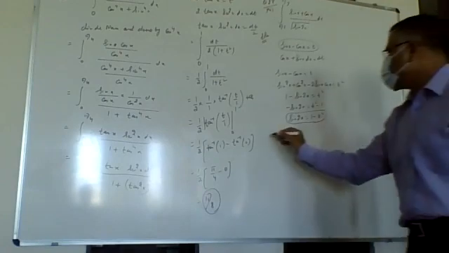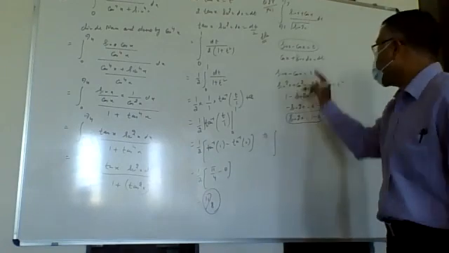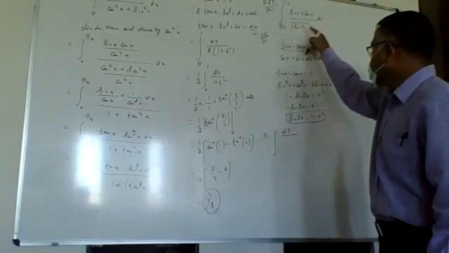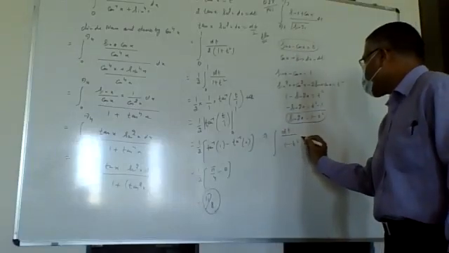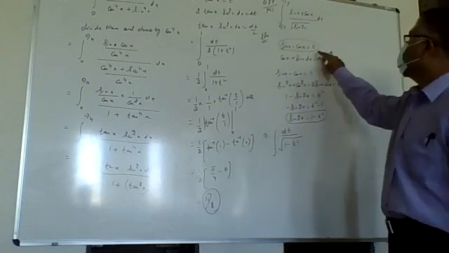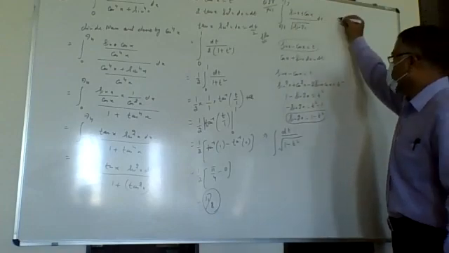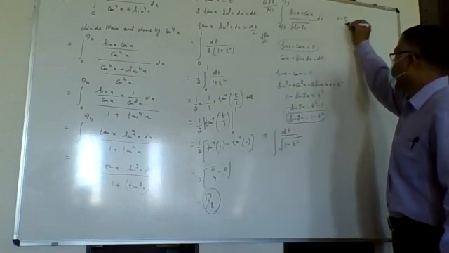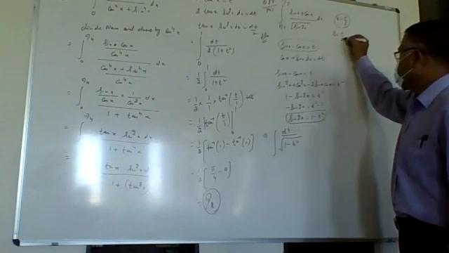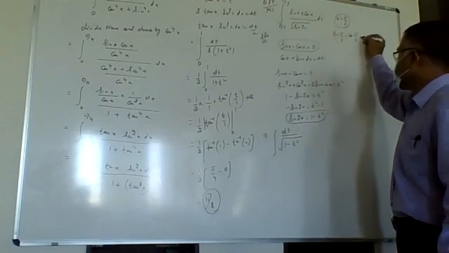So my question becomes, ध्यान देना, dt upon, what is the value of sin 2x? This is under root 1 minus t square. Now I have to change the limit with my substitution. That means when x is equal to pi by 6, sin pi by 6 minus cos pi by 6 is equal to t.